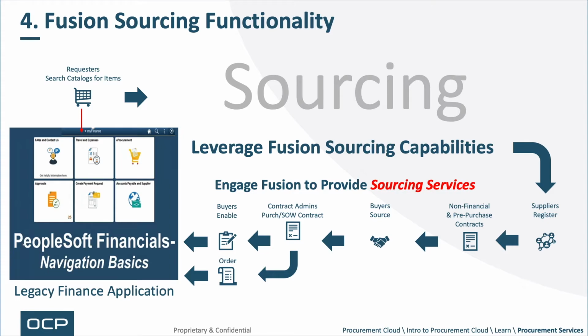You have non-financial or pre-purchase contracts, NDAs, MSAs, etc. Buyers that will source, also referred to as negotiations. Contract admins that will produce purchase contracts or SOWs if you're talking services. Then buyers may come back into the legacy application to enable catalogs, as well as create orders. So that's the Fusion sourcing functionality.